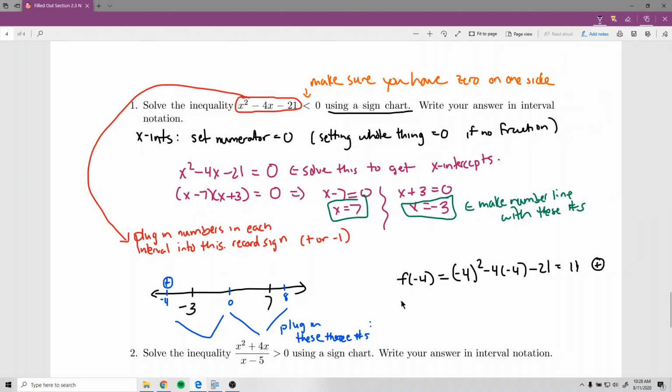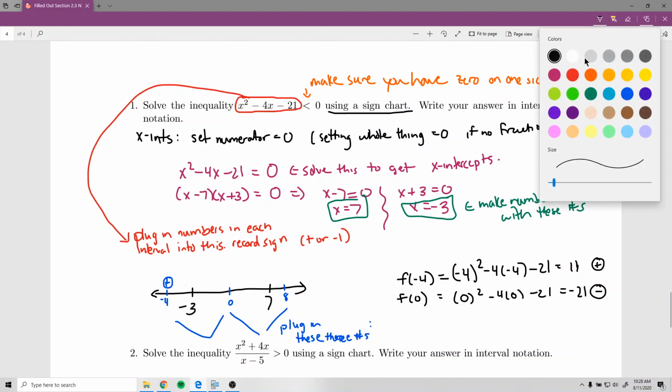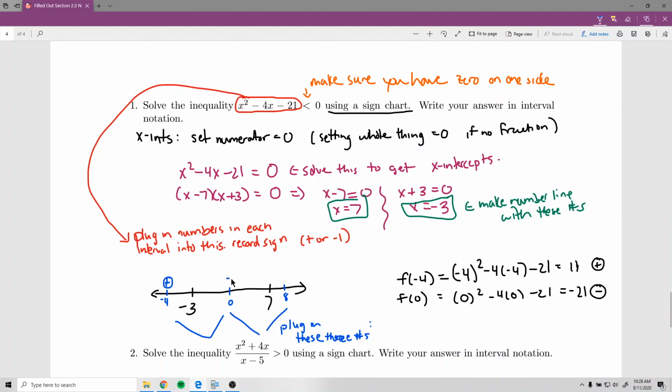And now I'm going to plug in 0 and 8 and do the same thing. So plug in 0, and we should get negative 21 because the first two things are 0, which is negative. I'm going to put a minus sign above the 0. And then the last thing I'm going to plug in is 8.